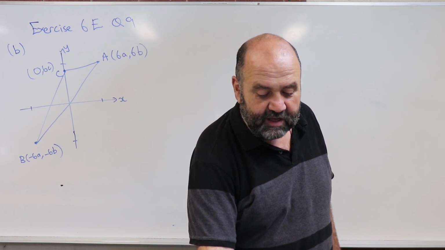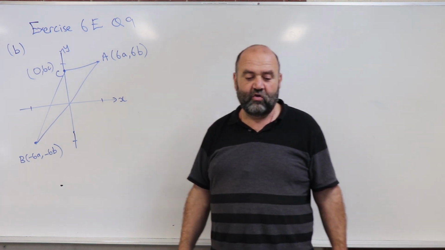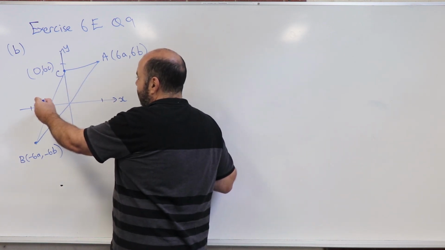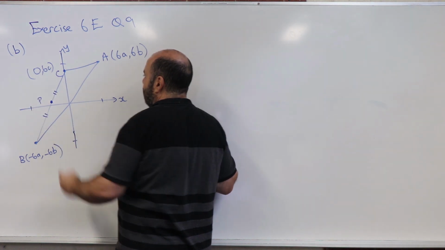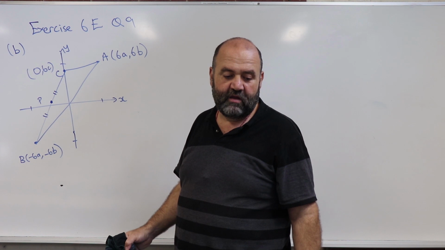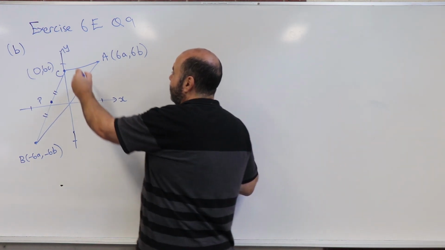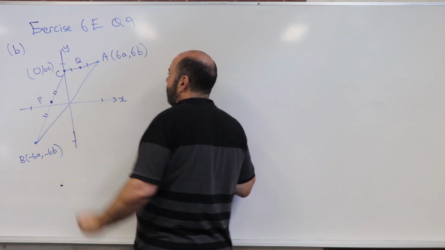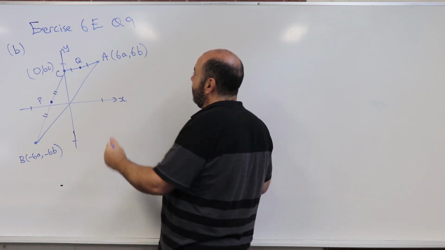Part A says, find the midpoints P, Q and R of the sides. P is the middle of BC, Q is the middle of CA, and R is the middle of AB.